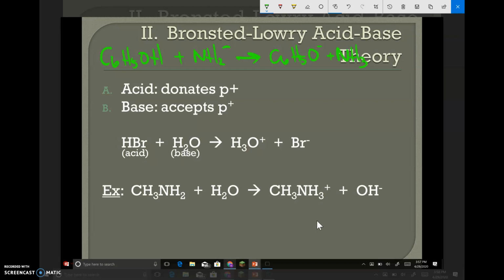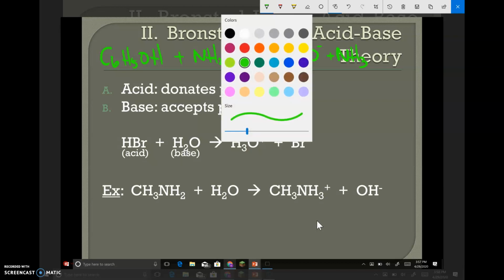And the question asks you to identify what's the acid and what's the base on the reactant side. It'll only ask you about what's happening with the reactants.